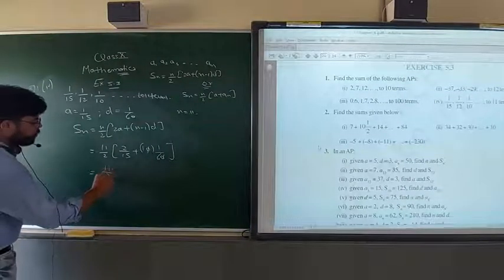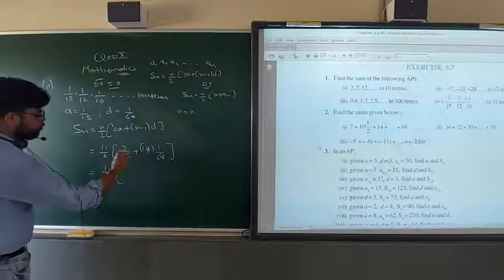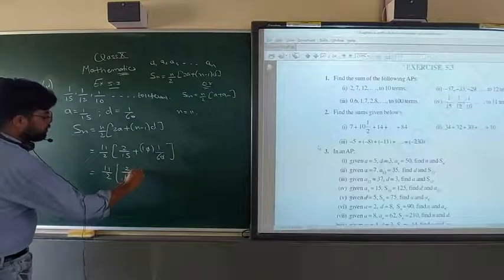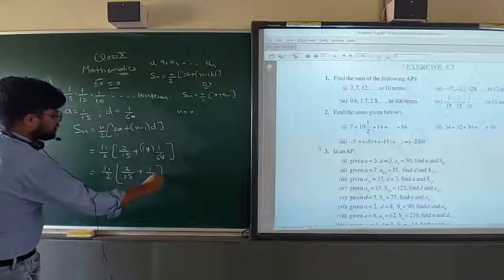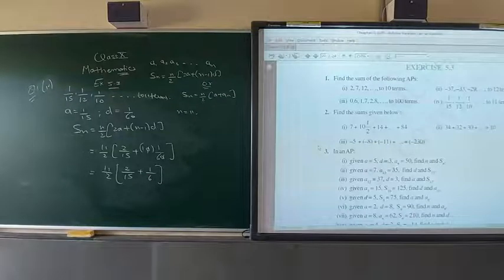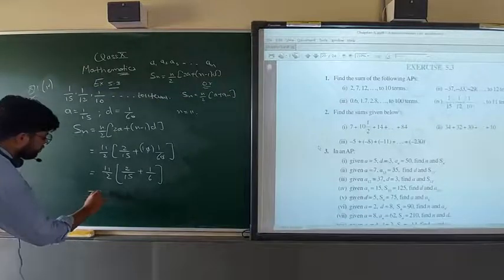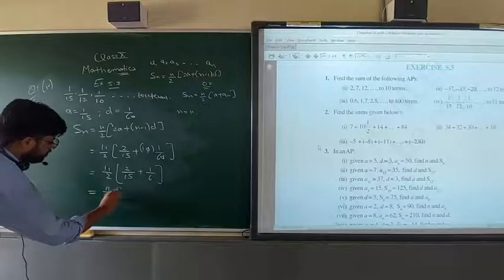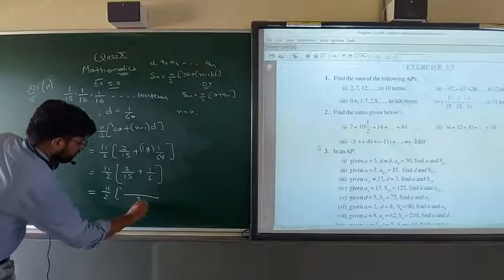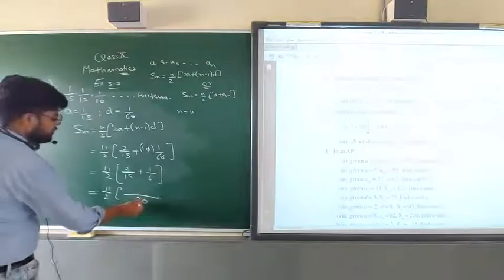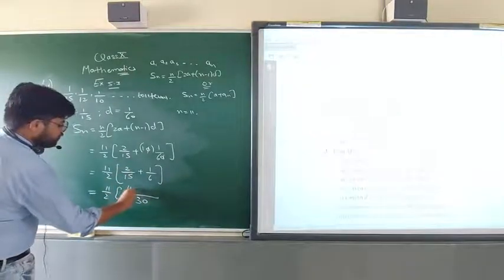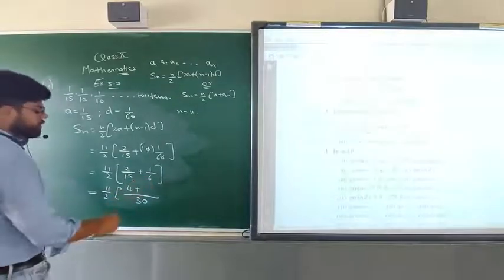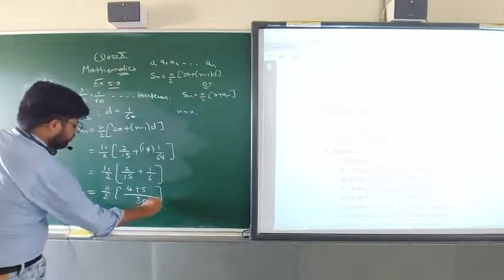So 11 upon 2 times (2 upon 15 plus 1 upon 6). Now the LCM is 30. In the table of 15, 15 twos are 30, so 2 twos are 4. And in the table of 6, 6 fives are 30, so 5.